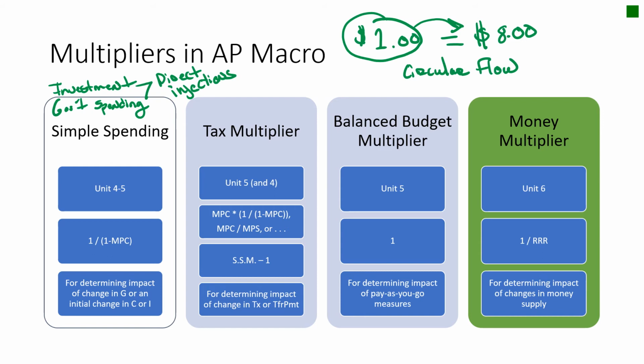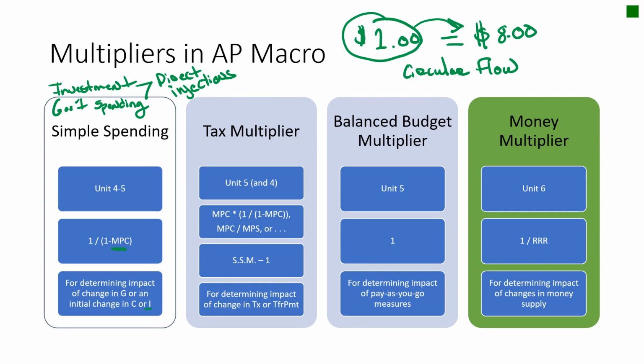And so to find what the simple spending multiplier would be, you're going to take your MPC as your denominator. Oh boy, that's math words, right? If you take 1 over 1 minus your MPC, or 1 over your MPS, it's going to give you the multiplier, meaning how many times this dollar will circulate through the economy before it's finished. So this is important for determining government spending or changes in investment, and we'll do some examples later.